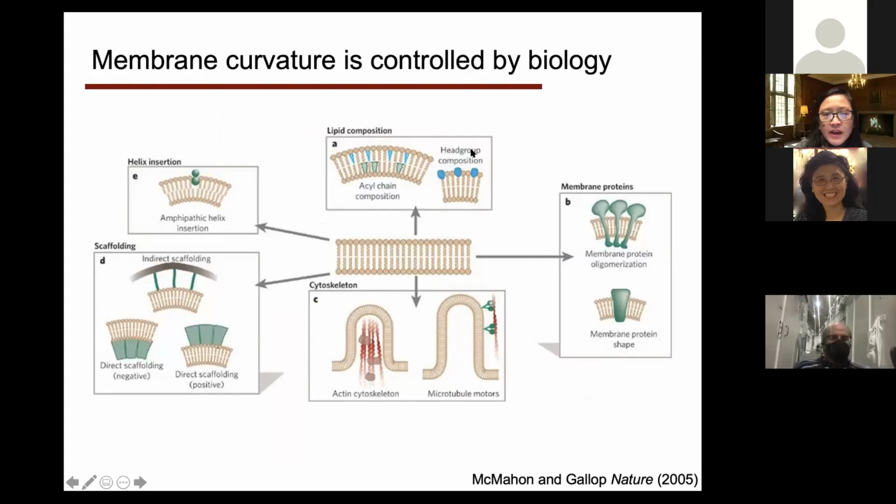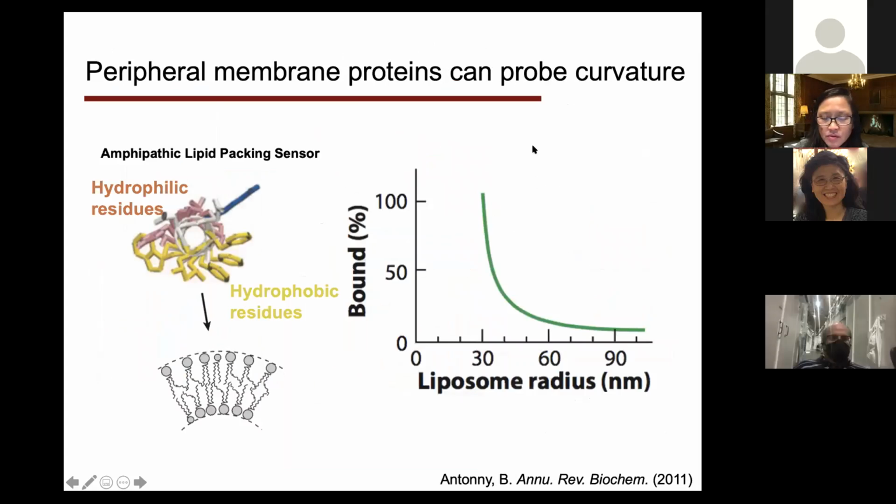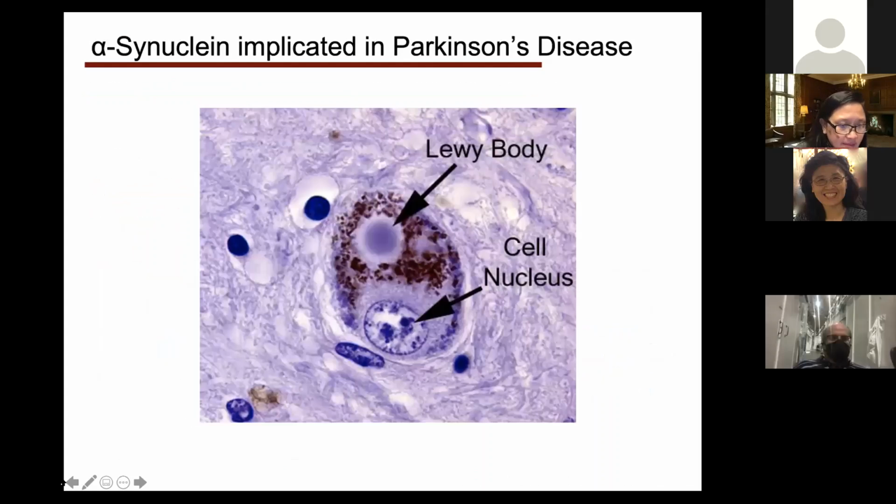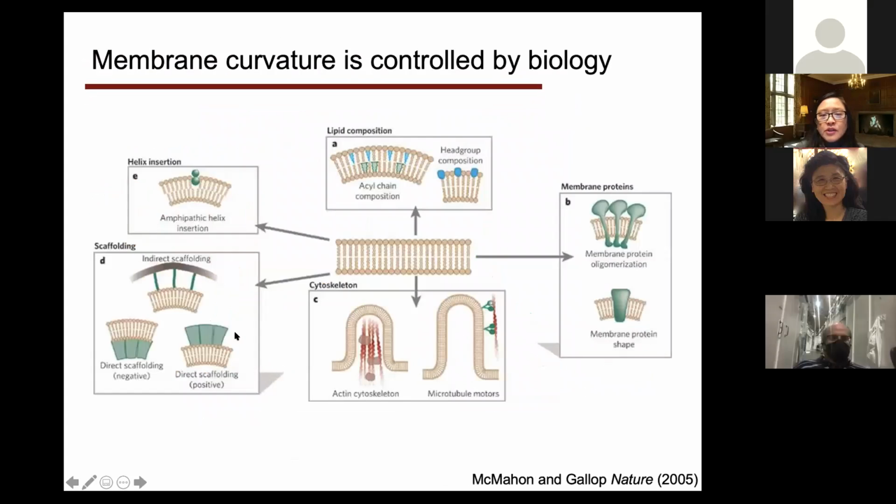In a case even without any protein, just due to the spontaneous curvature of the lipid that is involved, that can give rise to a curved system, or interaction with a transmembrane protein can give rise to curvature, either in the aggregated state or just because of the intrinsic curvature of the protein shape itself.